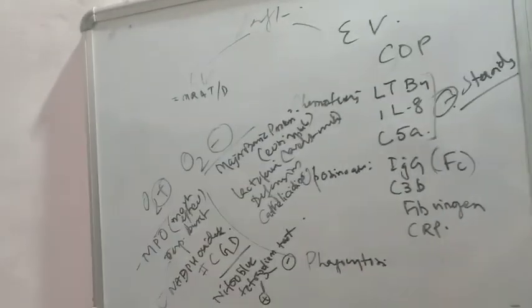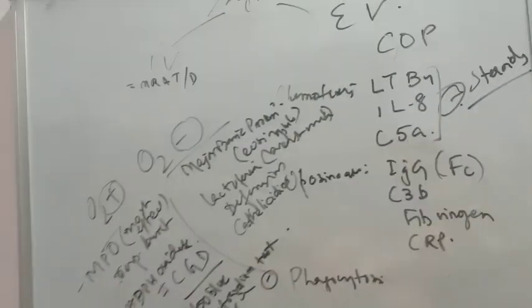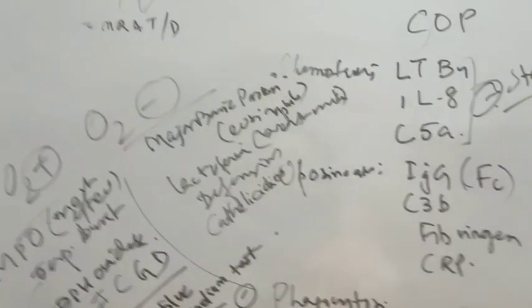In medical science, when someone tells you your test came positive, it is a cause of big headache. But this nitroblue tetrazolium is a special thing. If it comes out to be positive, it is actually normal.